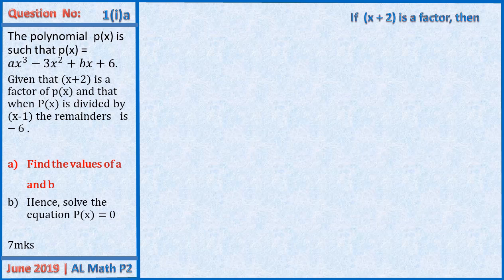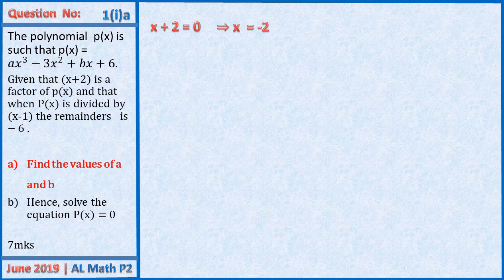So according to this question, if x plus 2 is a factor, then equating x plus 2 to 0 gives us x equals minus 2, and p of minus 2 is equal to 0 since x plus 2 is a factor.